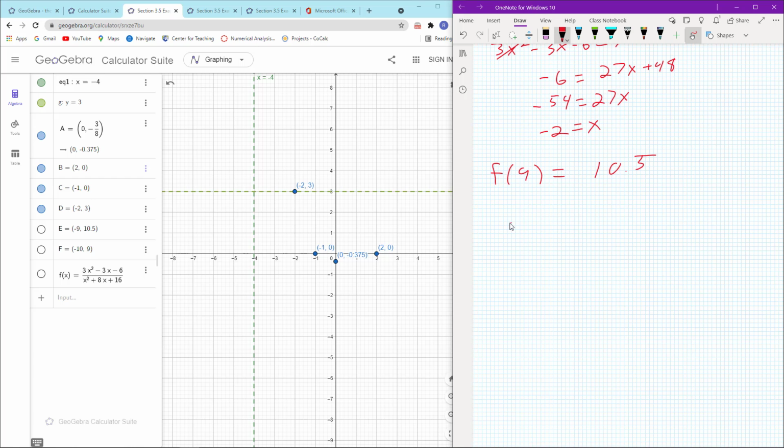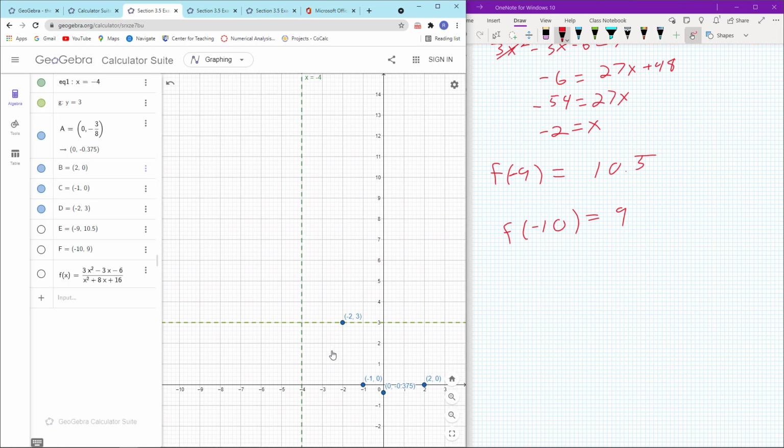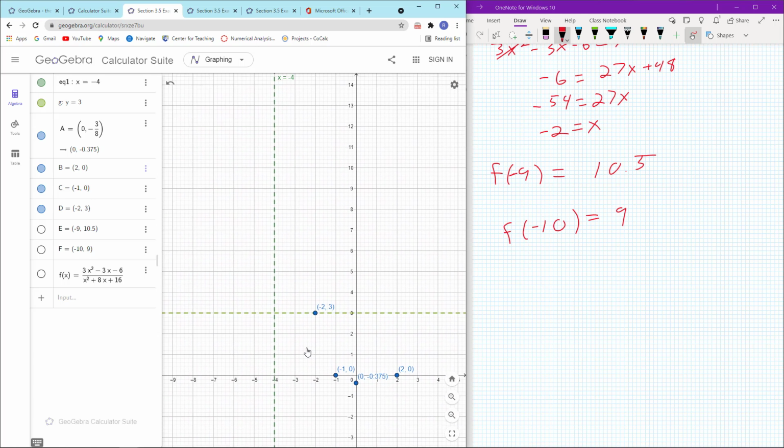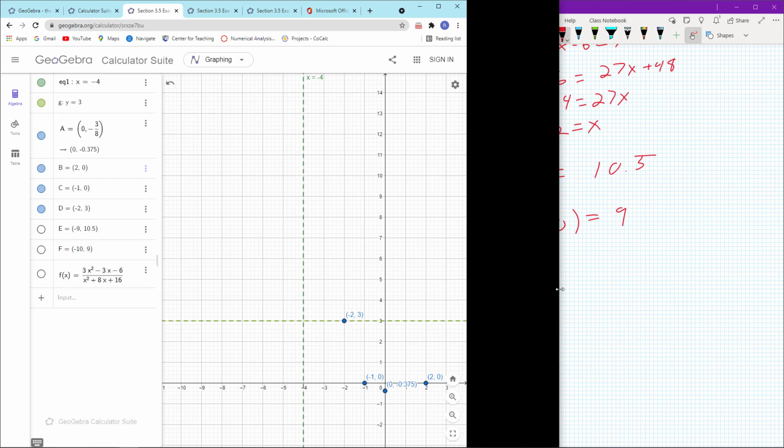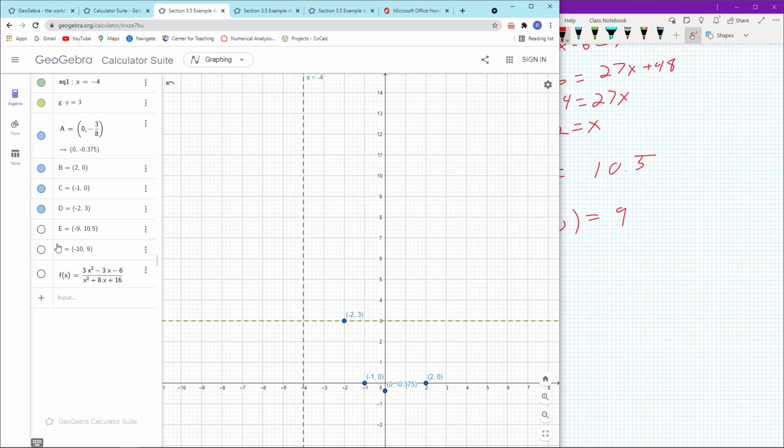And then if I evaluate f again at negative 10, which I want to do because I have no points over here, I will get the value of 9. So now I can go ahead and plot those 2 points. Let me zoom this over here and make this bigger. And so here is (9, 10.5), and here is (negative 10, 9).